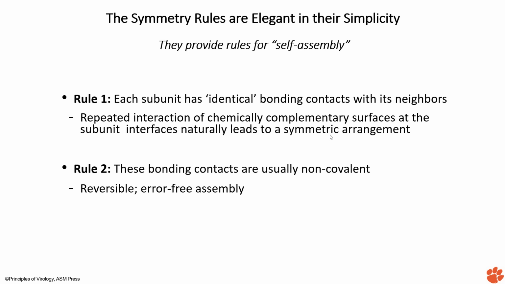The rule 2: these bonding contacts are usually non-covalent and reversible, and that gives you error-free assembly. So for example, if something fits into a space in a wrong way, it's not going to stay in there because it's not very stable. Say you have 2 hydrogen bonds, 3 electrostatic bonds, and 2 hydrophobic interactions, and there is another structure coming in and fitting in there with just 2 hydrophobic interactions, it's going to fall apart soon, and it will be replaced by the proper one.